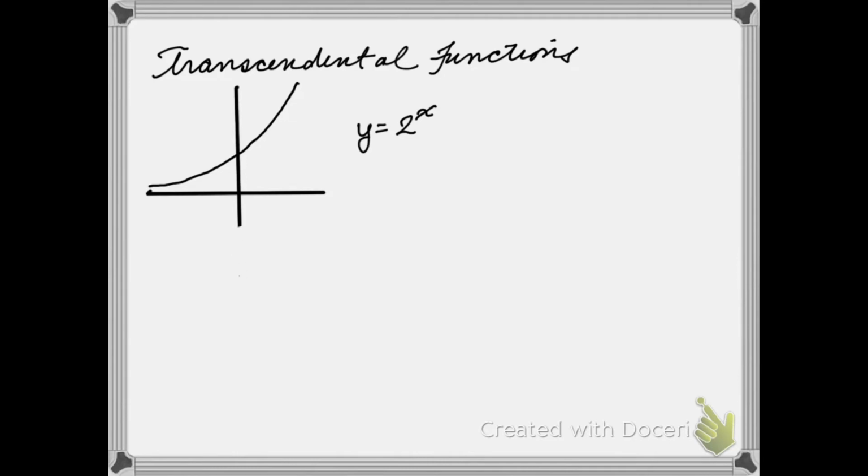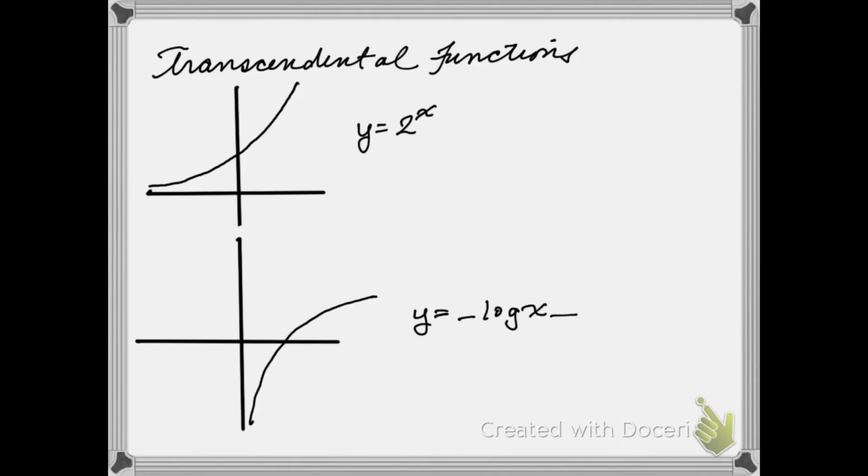And then another function in a similar category, in this transcendental function category, would be a function that looks like this. All right, so a function that looks like that, and that's going to be some kind of log function, some kind of logarithmic function. These are transcendental functions.